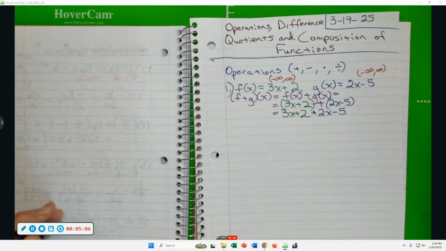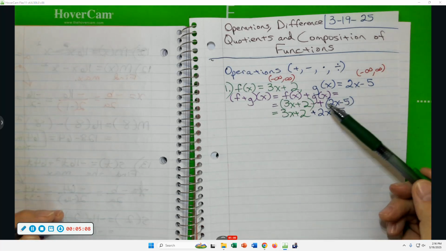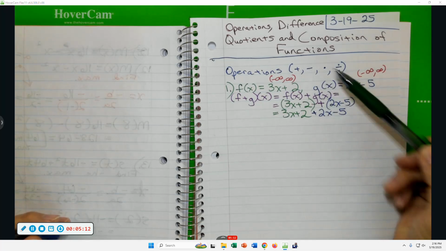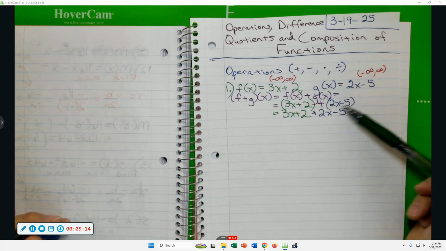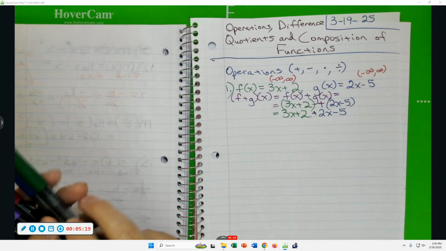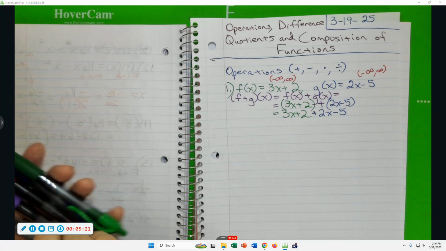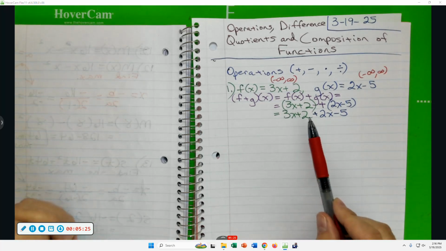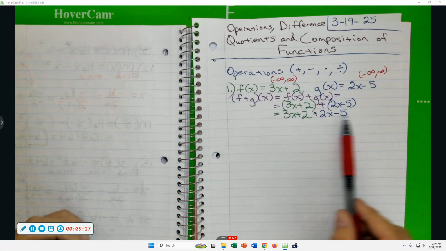Now in a moment, you'll be thinking about this: when we're doing f minus g, instead of a plus, we're going to have a minus in front of that parentheses, so we're going to have to do something there. But for the time being, addition of functions is just algebraic addition.